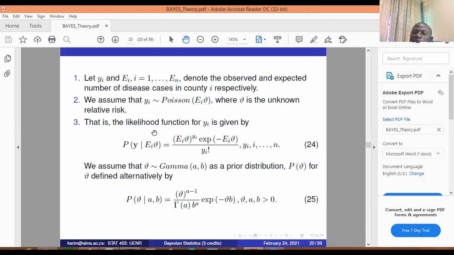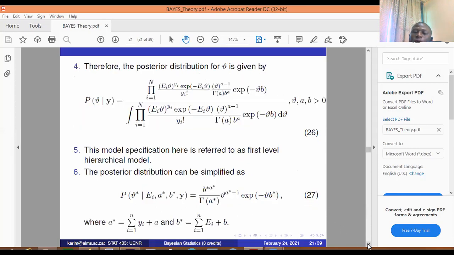So we now have the prior distribution, which is this one. We also have the data likelihood, which is here. Then we multiply them. So the likelihood function, we take the product of the data, so the expected cases and the risks to the power. This is lambda to the power y, exponent of minus lambda, and our lambda is E, the expected cases, multiplied by theta.